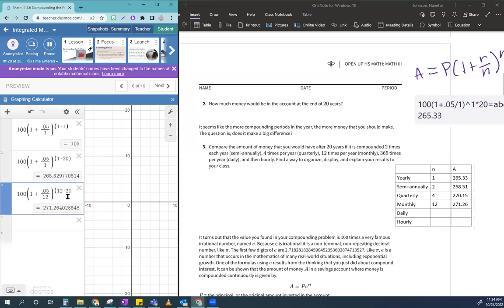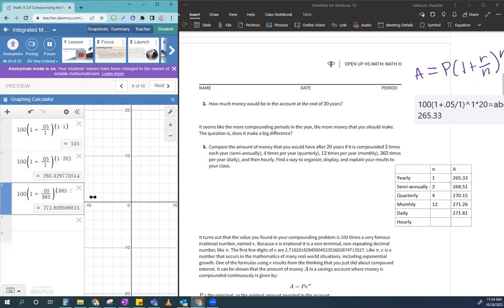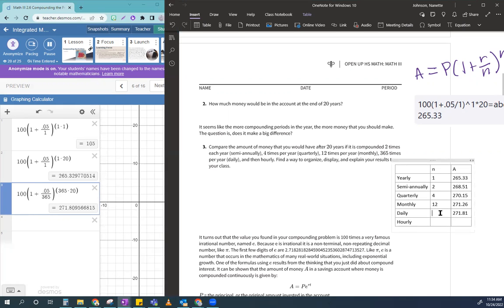And then daily would be 365, and down here would be 365, right? And that's $271.81. And this is 365. Like, Ms. Johnson, there's not too much of a difference. It's almost $5 or $6, not a big deal.